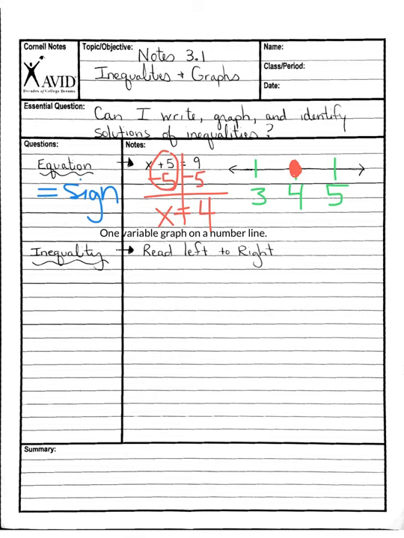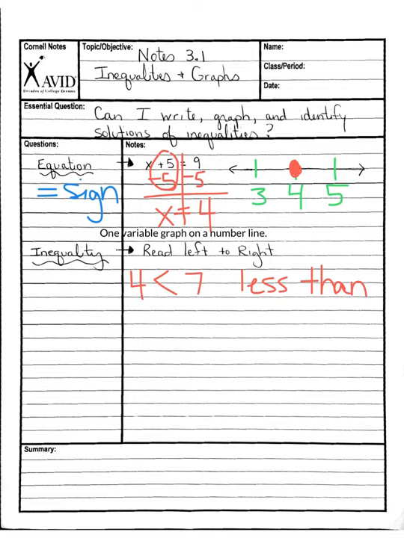So what I want to do is start talking about inequalities. And first of all, we read our inequalities left to right. So I'm going to put a couple inequalities down here. If I had one that looked like this, you could probably tell me that 4 is less than 7. And so this is the less than symbol.